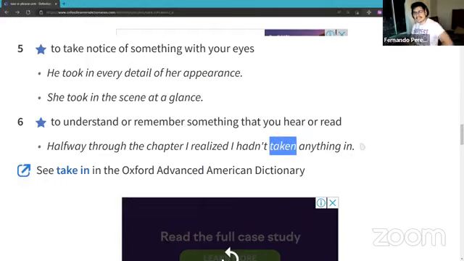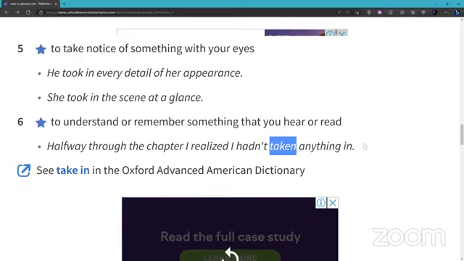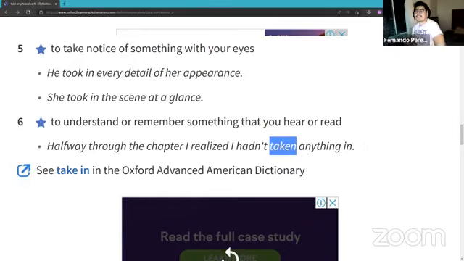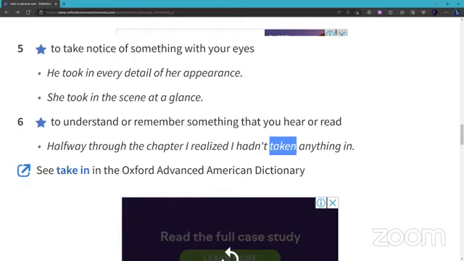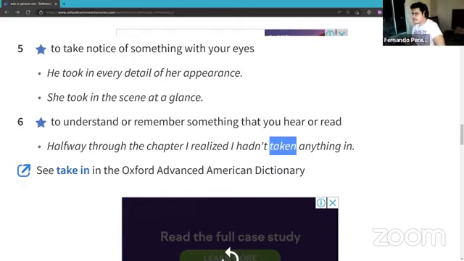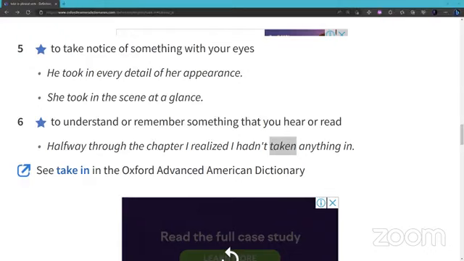What is the past participle for understand? Understood. Yes, understood. Is it correct? Yes, it's correct. Understood. Okay, complete idea.